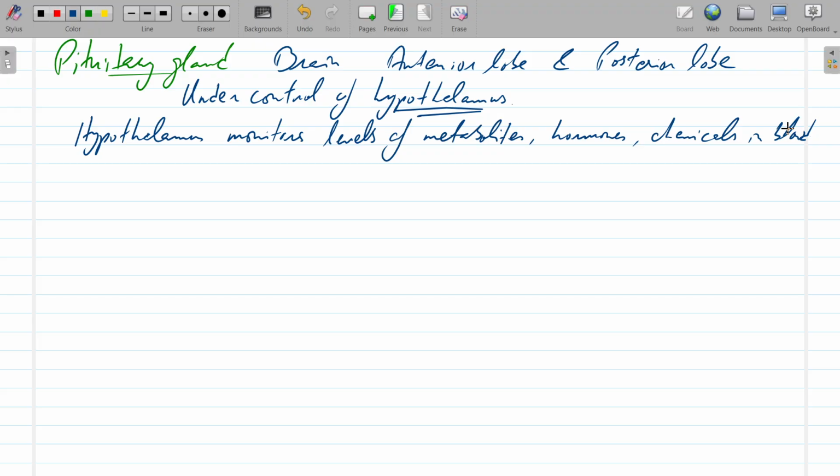And if it detects something that is not in the set range, the average range that it should be, if it's too high or too low, whatever the case may be, what it does is, it contains neurosecretory cells. And there are two of them: neurosecretory cells 1 and neurosecretory cells 2.